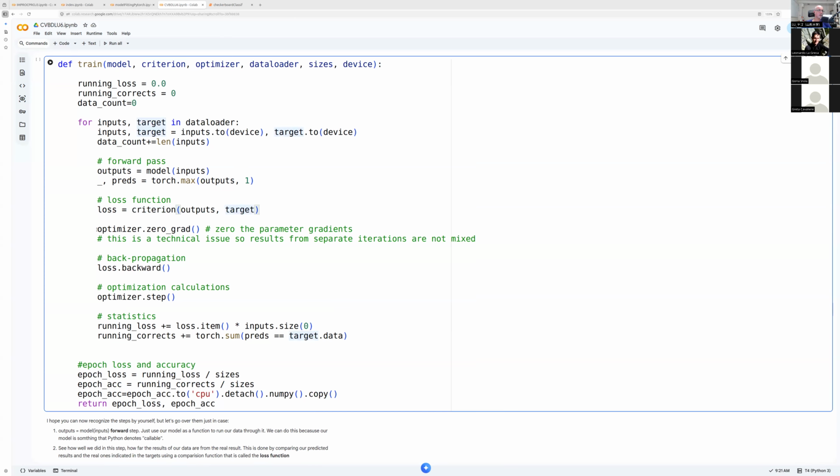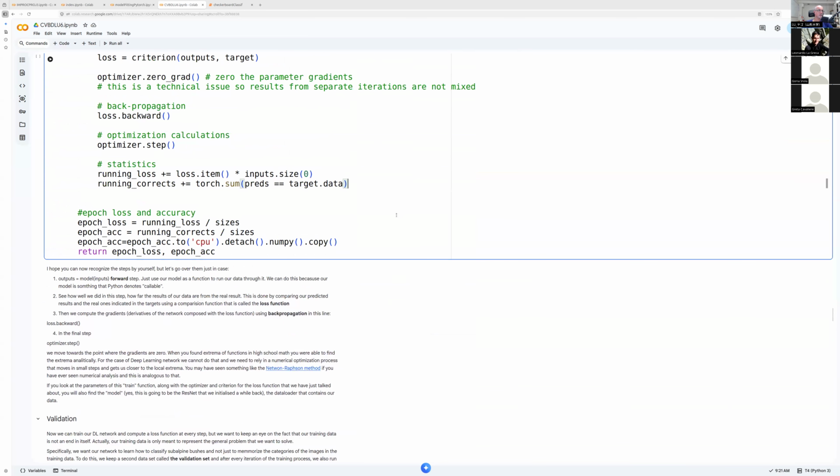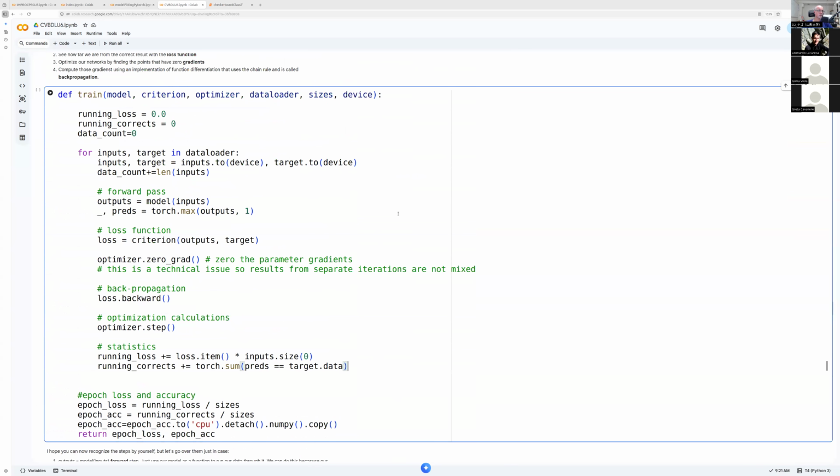And then we do the same thing. We do the same backward step to compute the derivatives of the loss function when applied to the model and generate a new set of parameters. Okay, these last two lines are just to build the pretty graphs that we see later. Okay, so that is the most important thing.